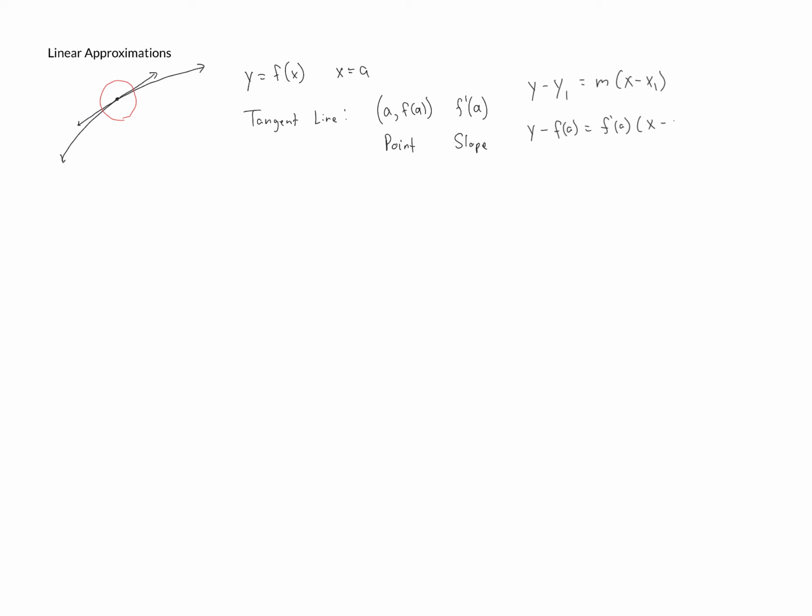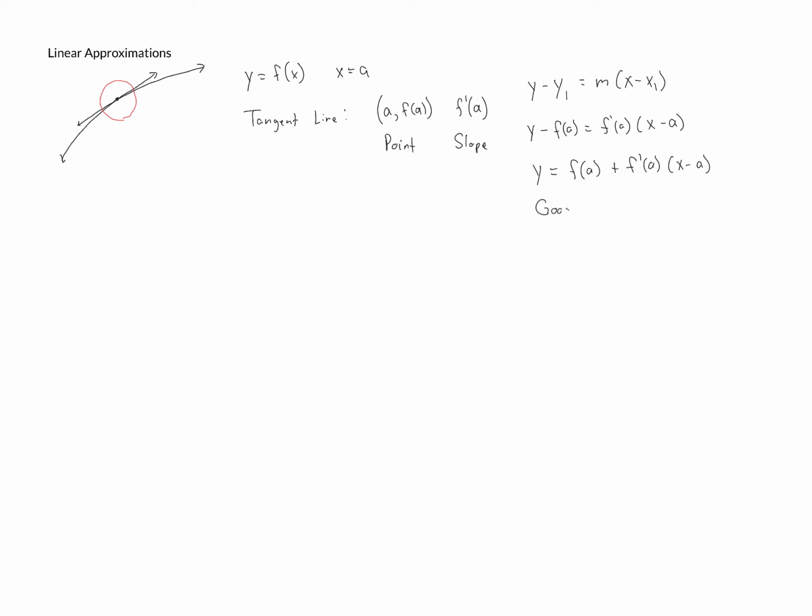And x sub 1 is just equal to a. And we add f of a to both sides to get y alone. That gives us y equals f of a plus f prime of a times x minus a. This is the equation of the tangent line to the curve at the point x equals a.